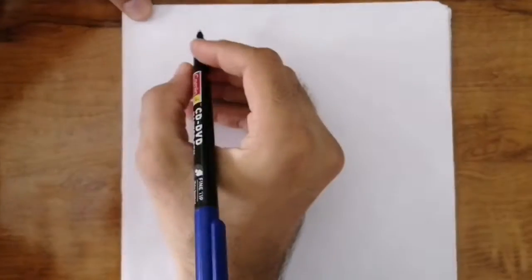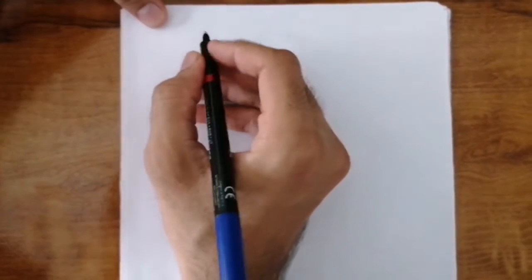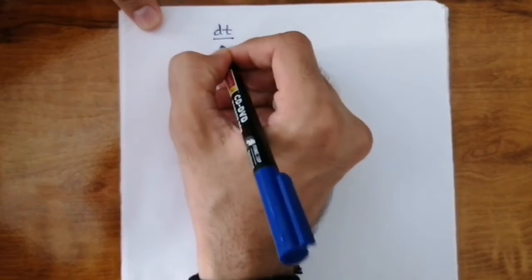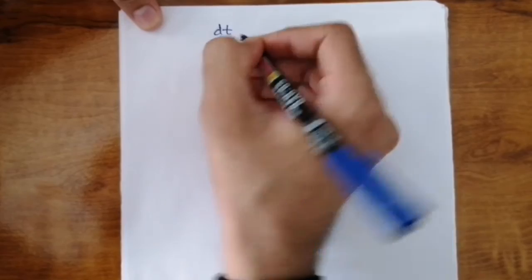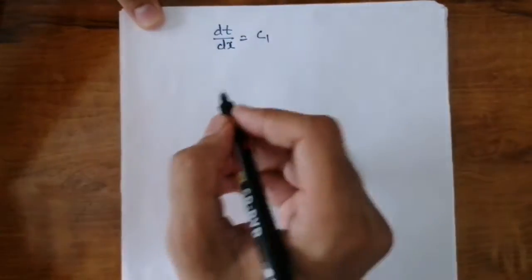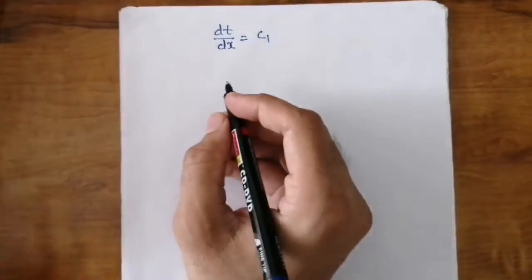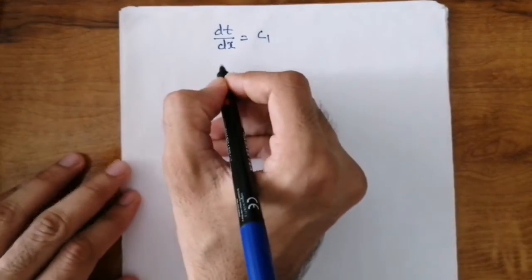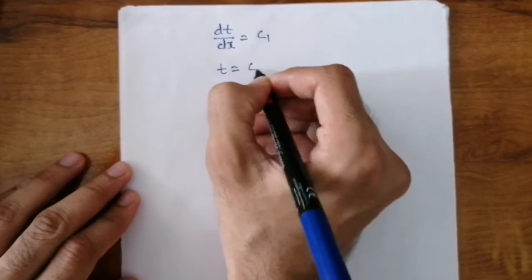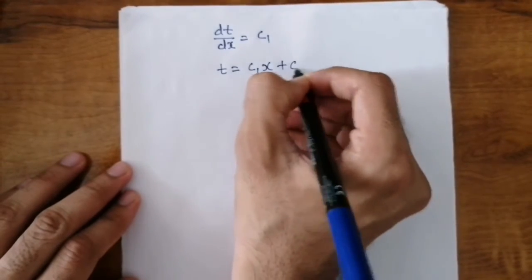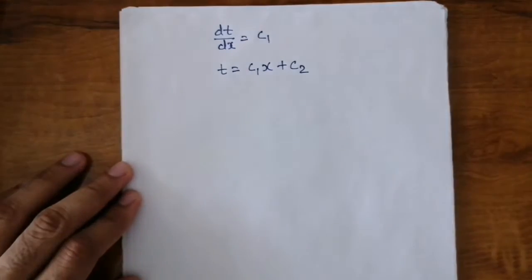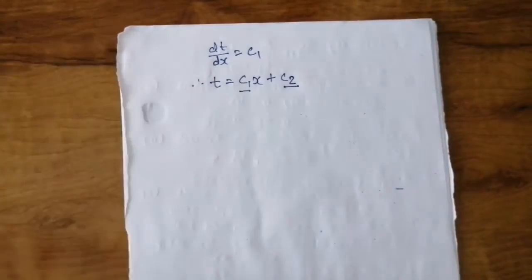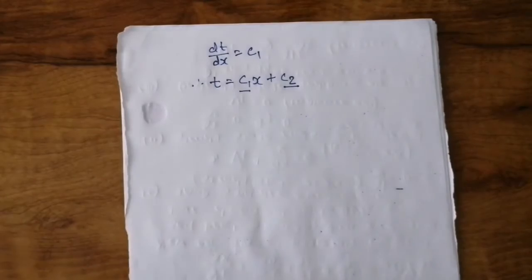First integration of del square T by del x square is equal to 0 gives dT by dx is equal to C1. Now the second integration of the differential equation gives T is equal to C1 x plus C2. C1 and C2 are arbitrary constants.